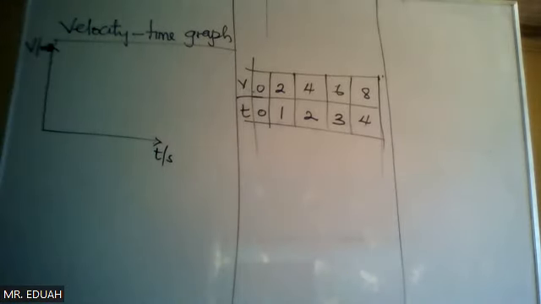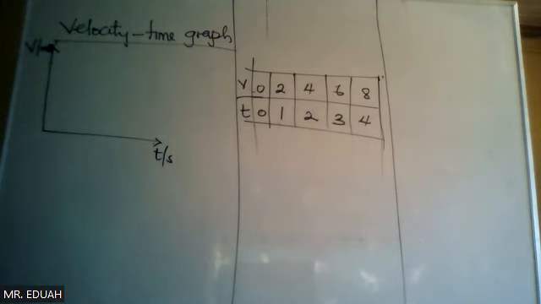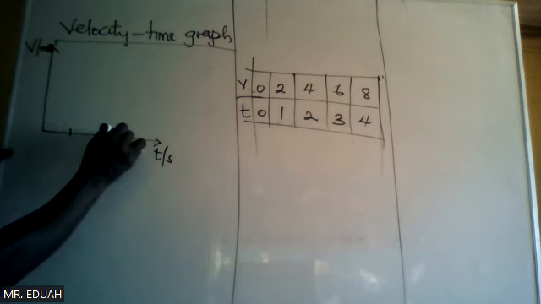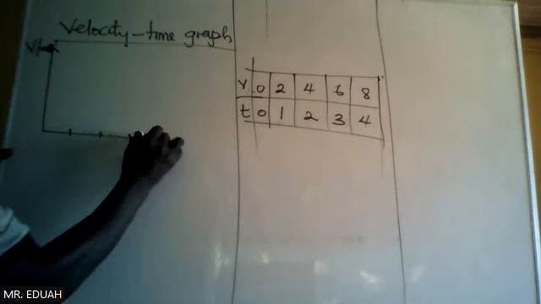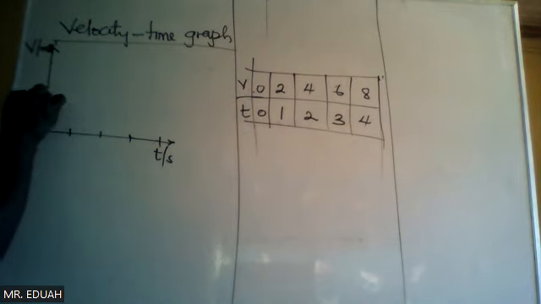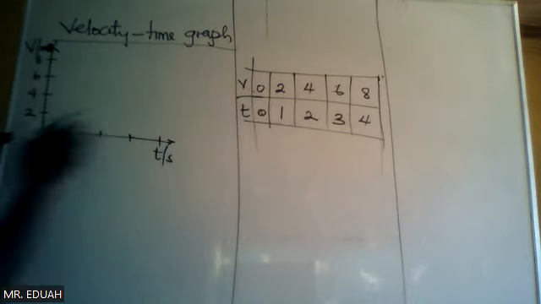Okay. So when a body moves such that its speed changes within equal time interval, when you plot such a graph, 1, 2, 3, 4 for time, and 2, 4, 6, 8 for velocity. So at time t equal to 0, velocity is 0.